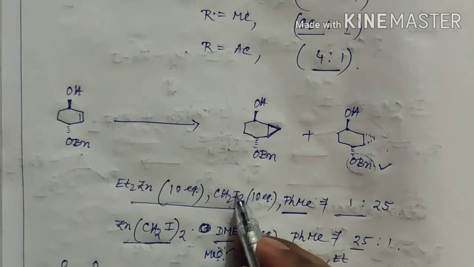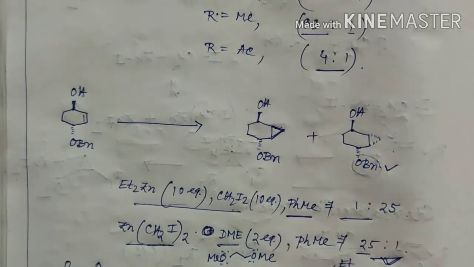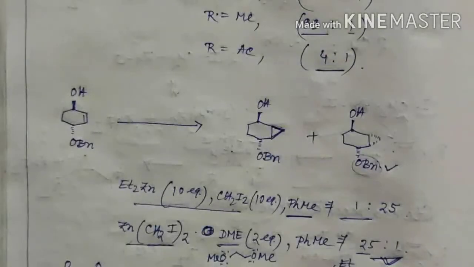But in the previous case, there is no such possibility of hydrogen bonding with the solvent. That means we can say that the reverse selectivity in the second case arises due to extra coordination with the coordinating solvent DME, which is not possible in the first case, since the reaction was performed in the non-coordinating solvent toluene only.